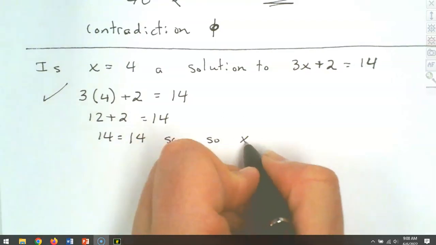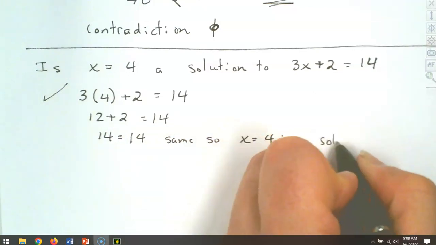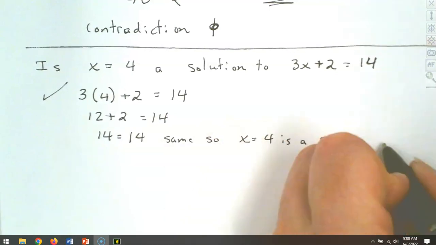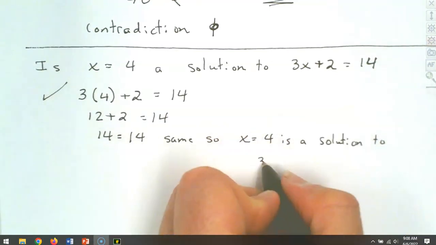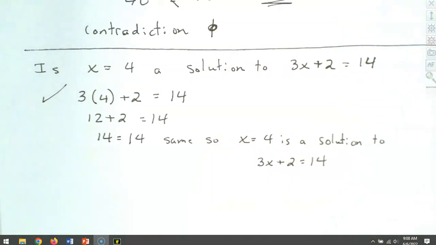So x equals 4 is a solution to 3x plus 2 equals 14. Okay? So there's a couple of questions in your homework. You just say, is this number a solution? And it's a true-false. All you need to do is just simply plug that number into that equation and see if the sides actually match up. Okay, so pretty simple on that one.